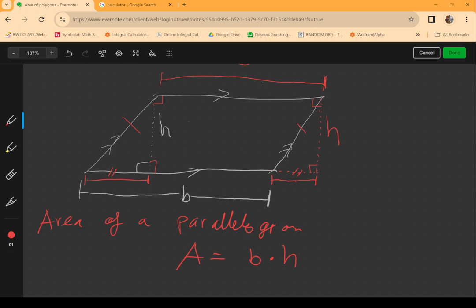All right, so we do use the idea of the area of a rectangle, but we do a little different steps to get us to this base times height.